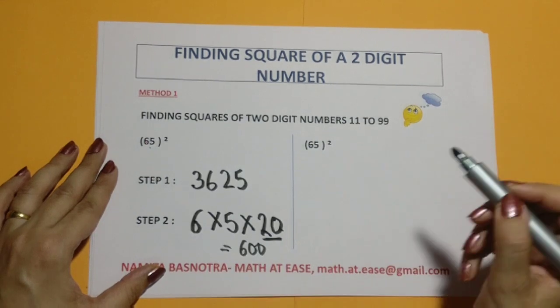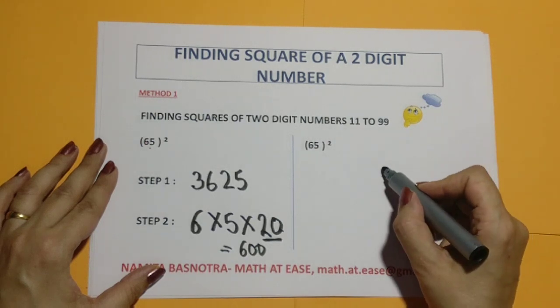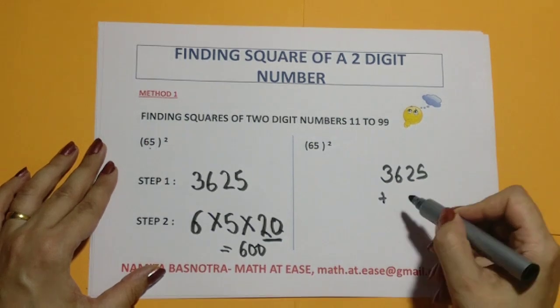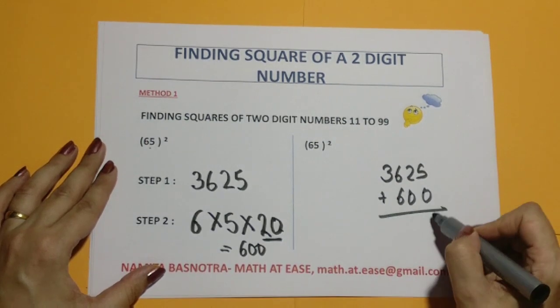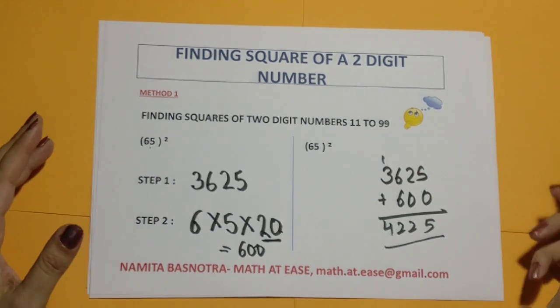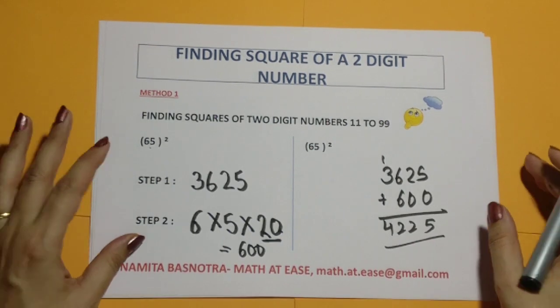So let's quickly add the two numbers that we have over here: 3625 and 600 gives 4225. How simple it can be.